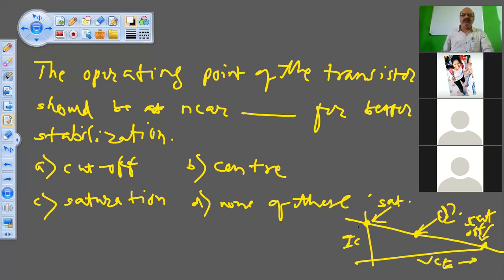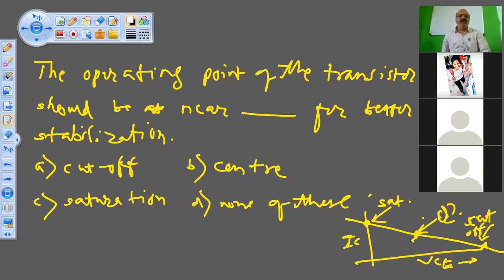So when the IC becomes maximum, we call it saturation. When IC becomes 0, we call it cutoff. And when IC is in between, it is neither in saturation nor cutoff, it is in the active region. The region between saturation and cutoff is called the active region of the transistor. So naturally, the operating point should be at the center of the load line.